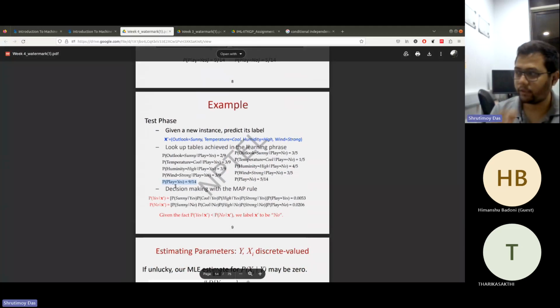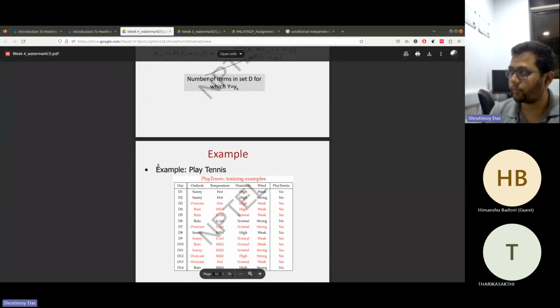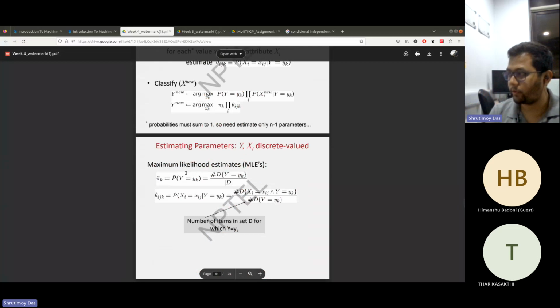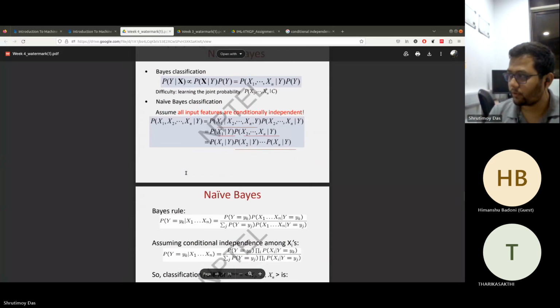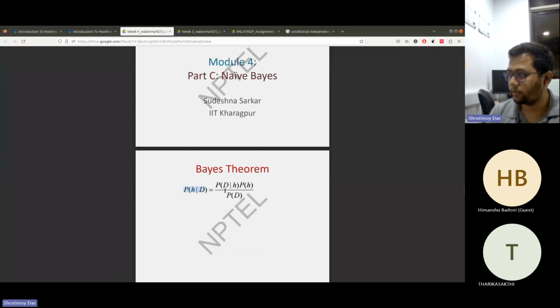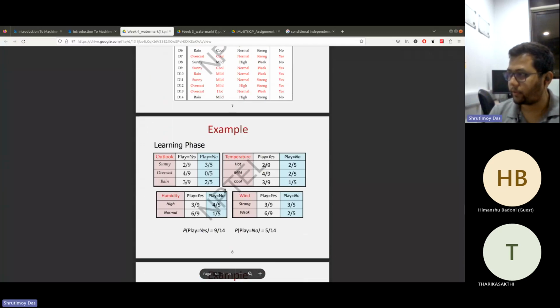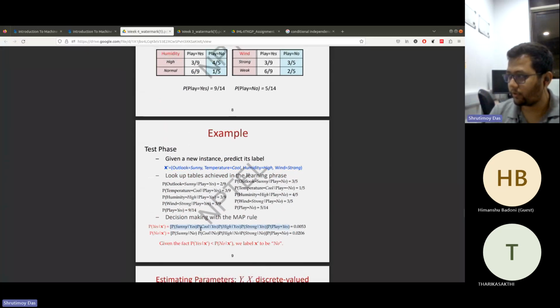The posterior was the LHS, the output of the Bayesian formula that you had. So this is your posterior, and you have to calculate the maximum of this. For that, your formula comes out to be like this, as given here. Is that clear?